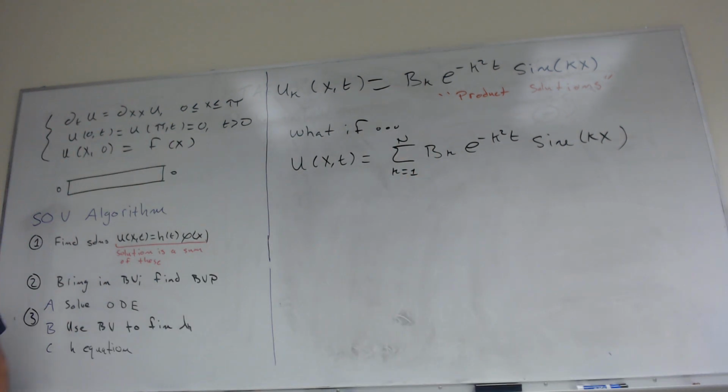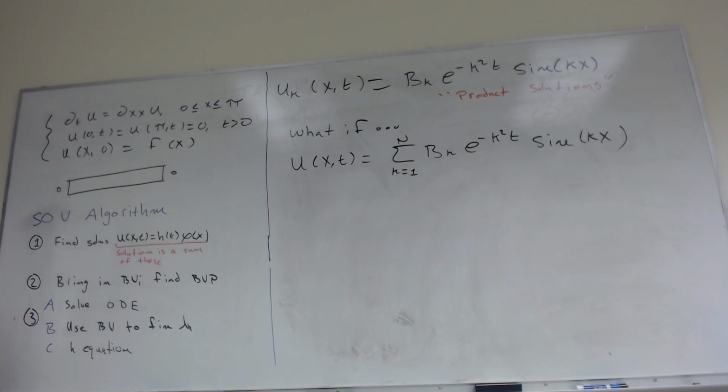Okay, what if we could do that? That would be very good because we have an explicit formula for the solution. I mean, not as explicit as the things we've seen before, but we're not always going to get very nice closed form explicit solutions for these equations. In fact, most of the time we won't.